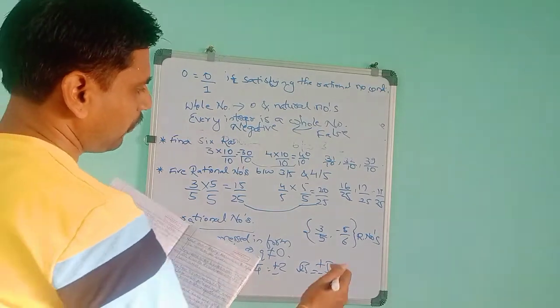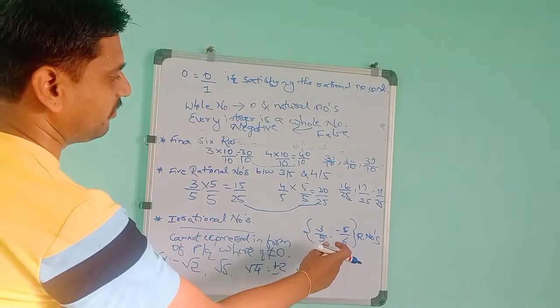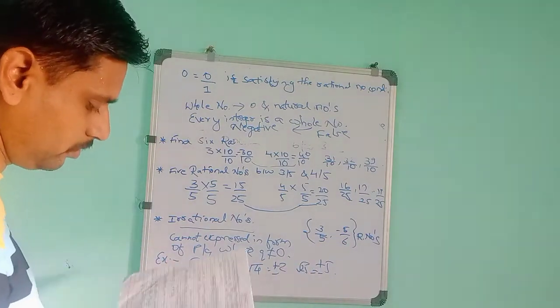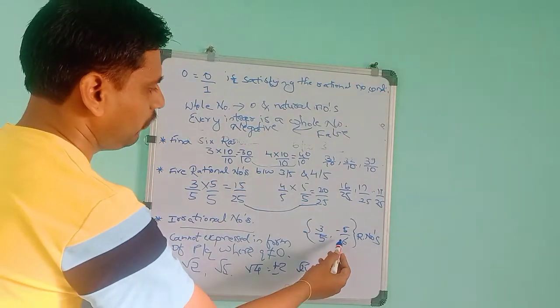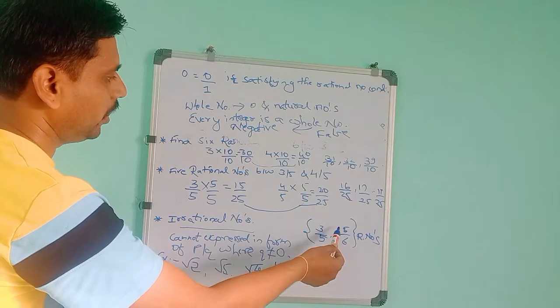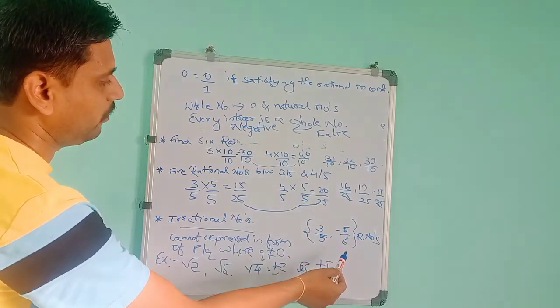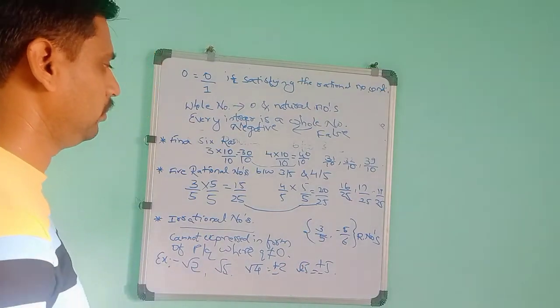You can take this example also. Minus 5 by 6. Minus 5 by 6 is a rational number, but it is not a whole number, because a whole number will not have a negative sign, and it may come like 5 by 1, 4 by 1, but not with the negative sign.